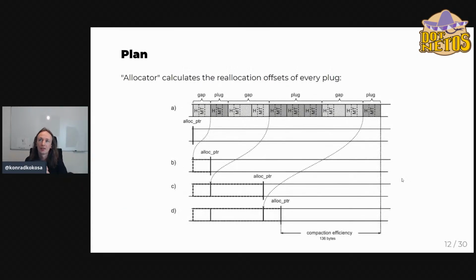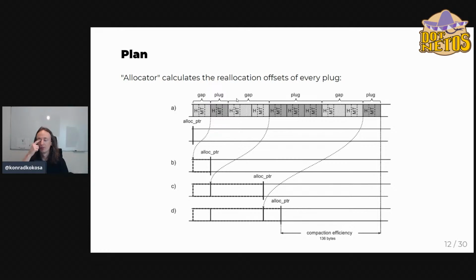And in the end we can say that this calculation of the reallocation offset is just an allocation. What we need to know is where we would like to allocate some region. It happens that we are to allocate a region just for our plug, but in the end this is just an allocation.